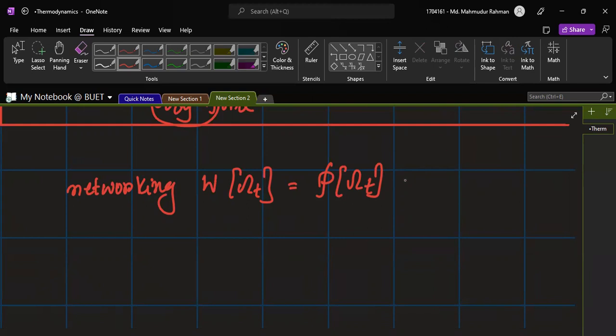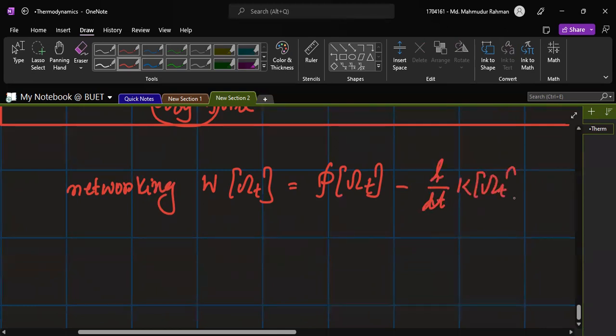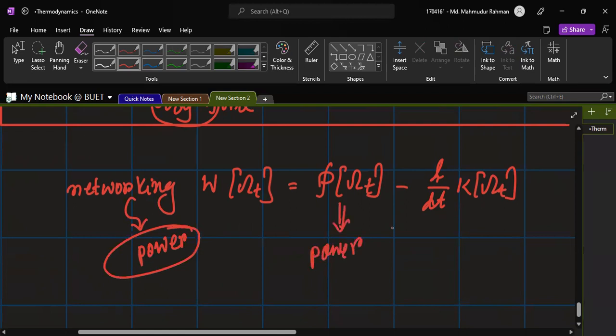So net working is the total power that you deliver minus that part that is responsible for setting it in motion. That is, we have to deduct the kinetic energy part from the power. So net working has a unit of power. It has the name of working, but it has the unit of power, because this has the unit of power, and this is energy by time that also has unit of power, that is joule per second.